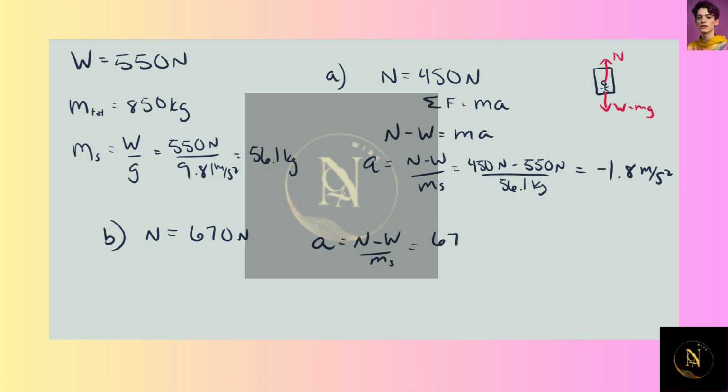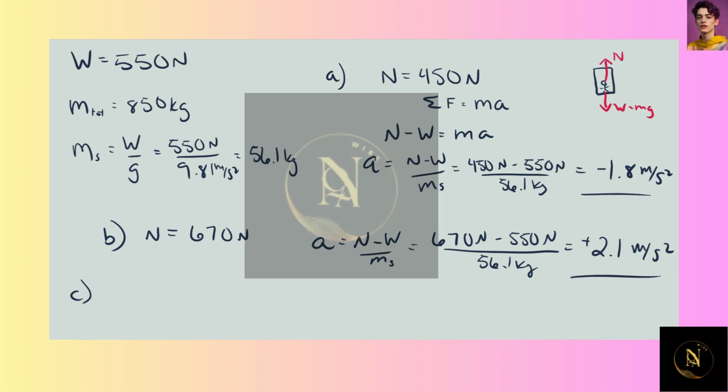So that's now 670 newtons minus 550 newtons divided by 56.1 kilograms. And now we have an acceleration of positive 2.1 meters per second squared. So here are our two different accelerations.